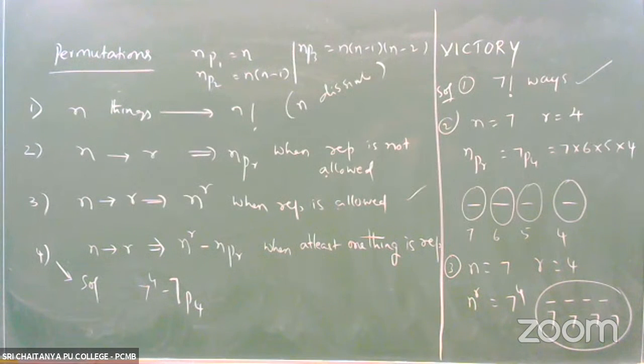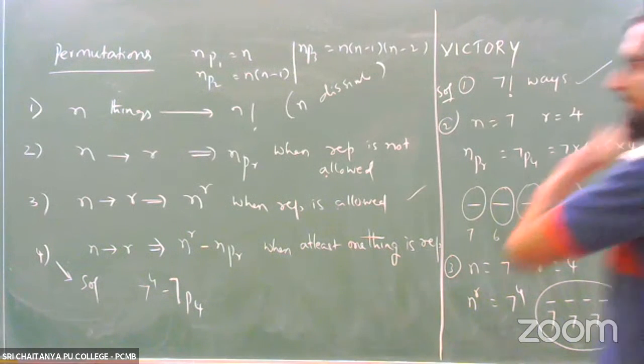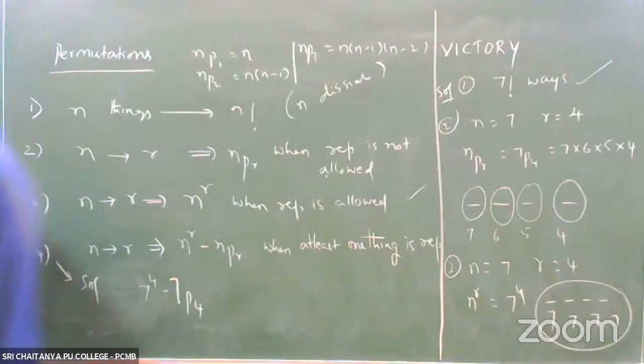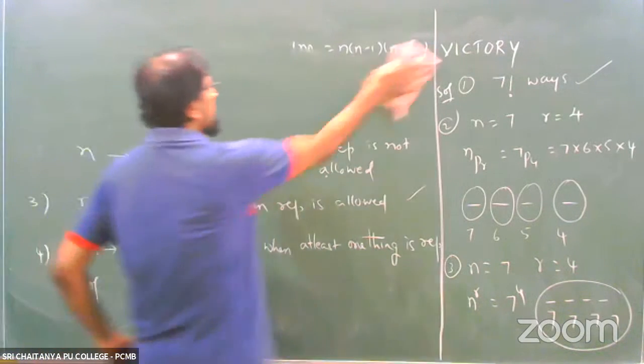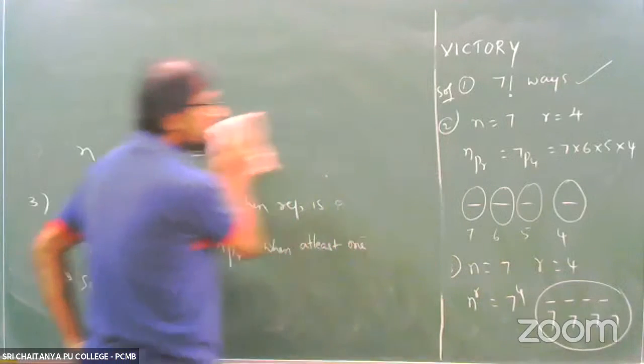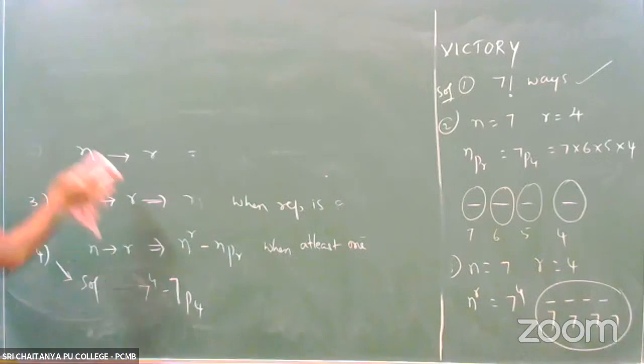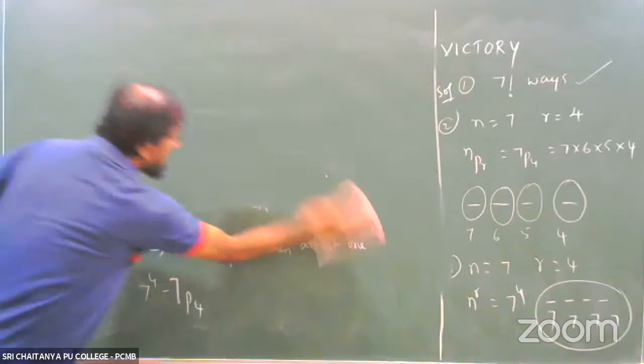Now, how to do the problems when he asks you to be together and not to be together. Second model. This is the first model of problems in permutations.